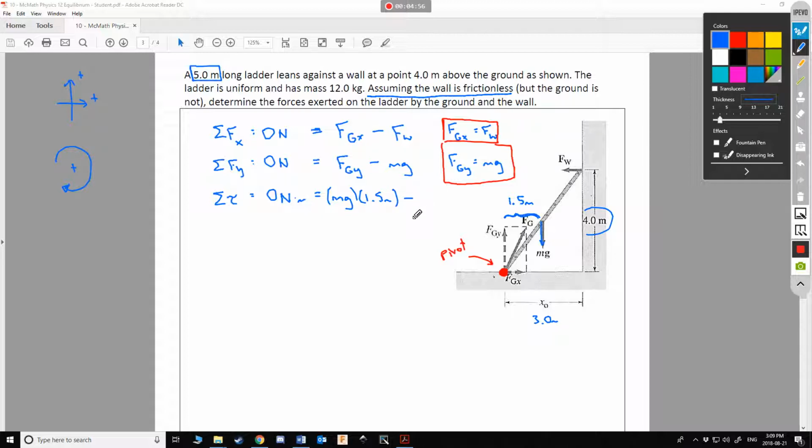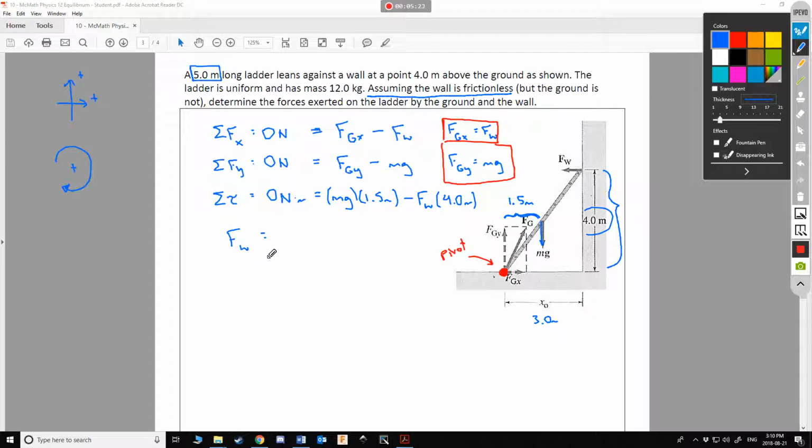Again, it's being counteracted by some counterclockwise torque. The force creating that counterclockwise torque is Fw, and Fw again is not 90 degrees to the ladder, so we need that perpendicular distance, which is just that 4.0 meters. So we can go ahead and solve for Fw.